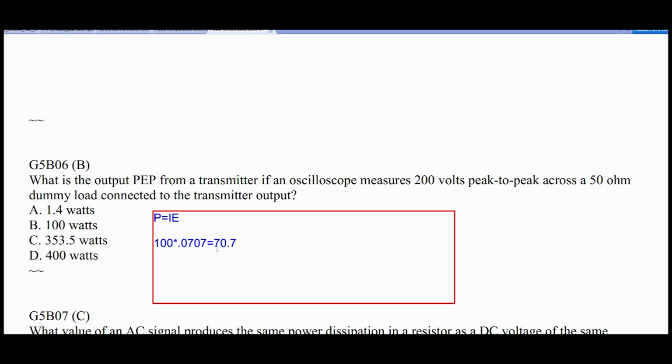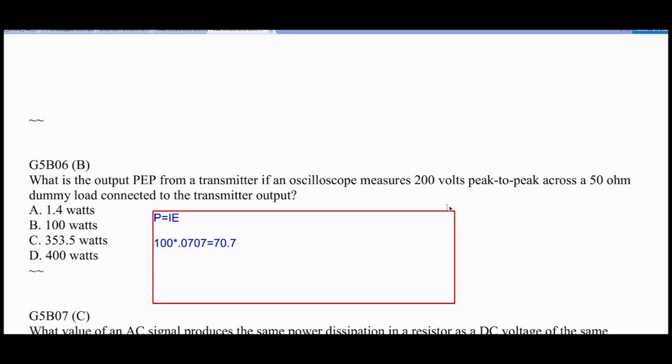In any case, so we know that the voltage is roughly 70 volts. And we know it's a 50 ohm load. So we could do it a couple different ways. One is to take the voltage squared divided by 50 ohms. Let's see if that works. It may or may not. Well, we start with P equals IE.